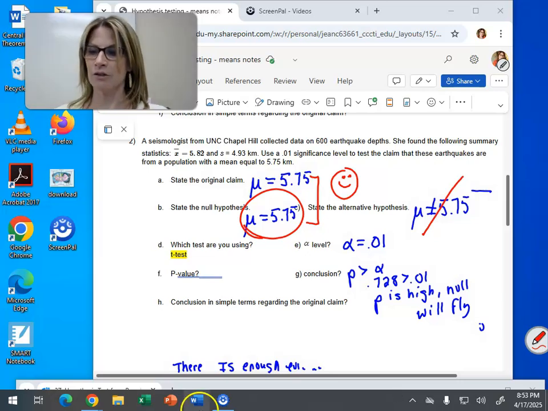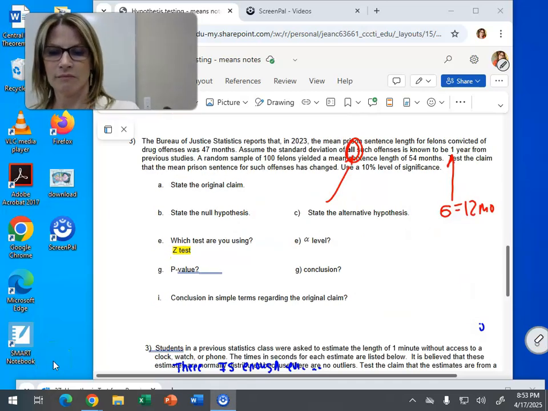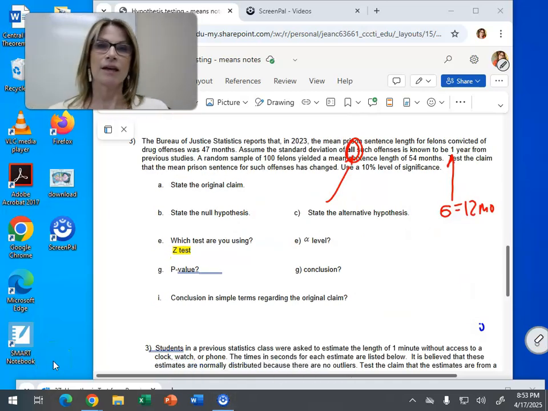Okay, one other quick little thing. If you were to happen to get a problem where you know sigma, you would be doing a z-test. Where you have sigma known, it would say something like the standard deviation of all offenses is known to be something, 12 months.